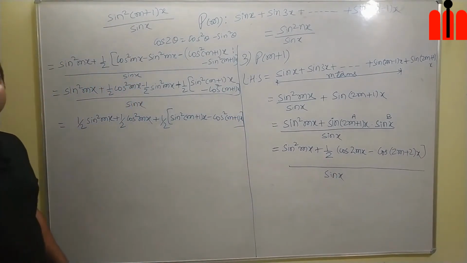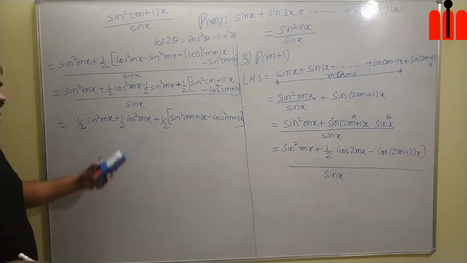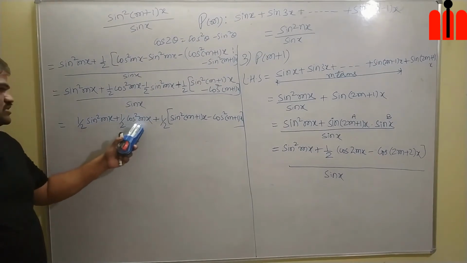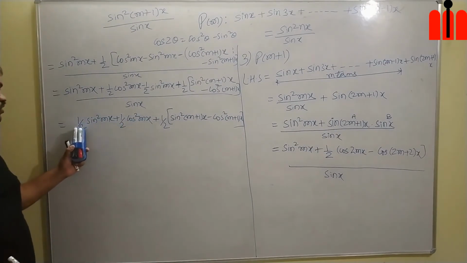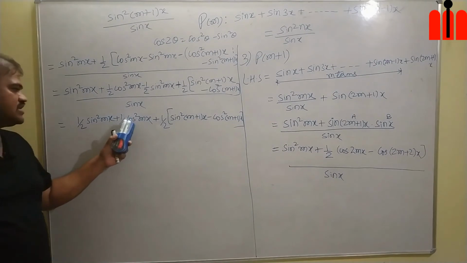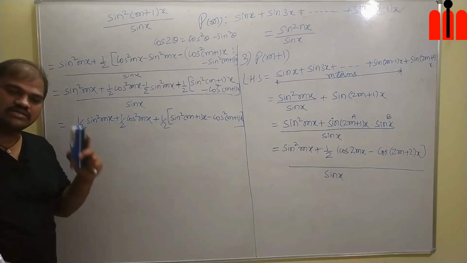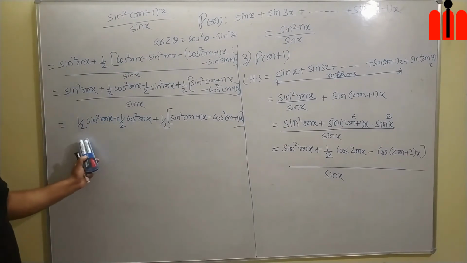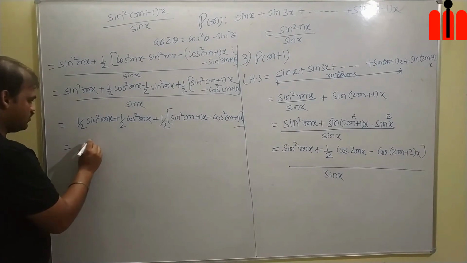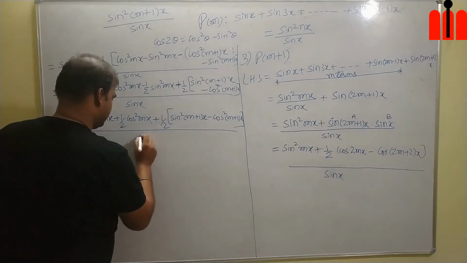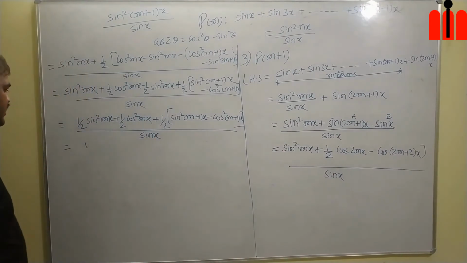Now there is one basic identity from 10th class, that sin square theta plus cos square theta is 1. So here we will use that. If you take 1 by 2 out, it will become sin square mx plus cos square mx. So sin square mx plus cos square mx is 1. So this will become entirely 1 by 2, divided by sin x. So let's not forget the denominator.